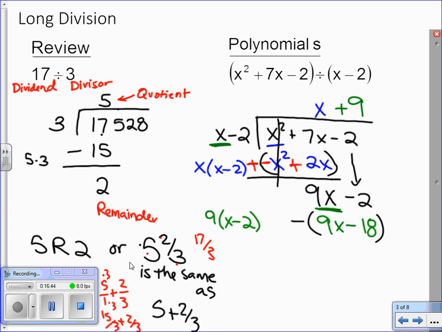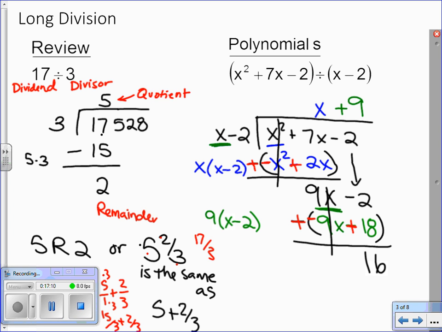So we're going to add the opposite. Plus a negative 9x and a positive 18. The 9x plus negative 9x will cancel, and a negative 2 plus 18 will be positive, because the bigger number is positive.